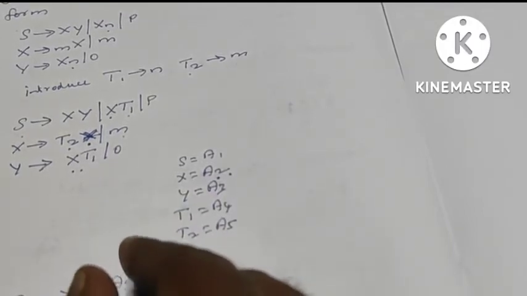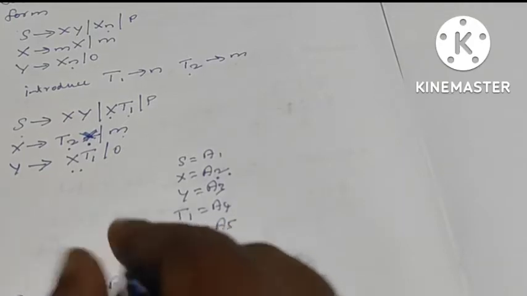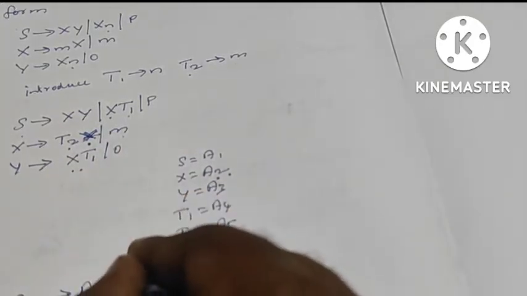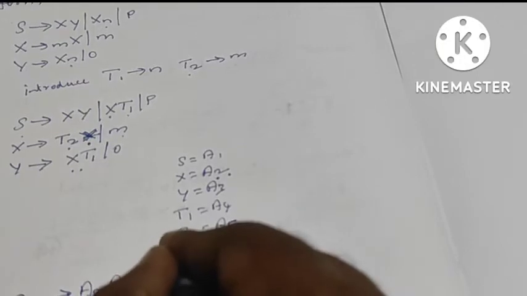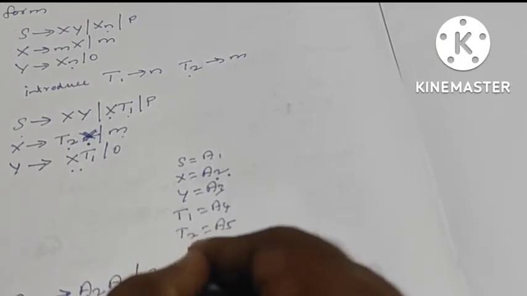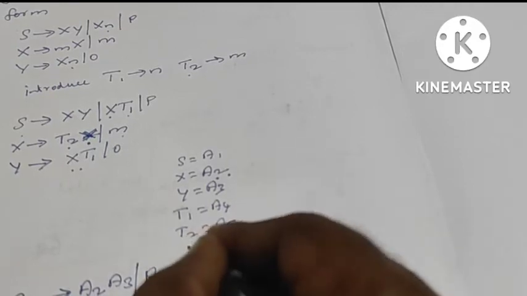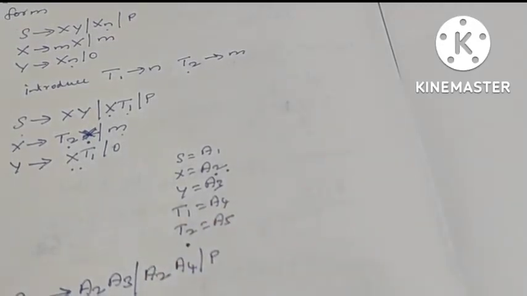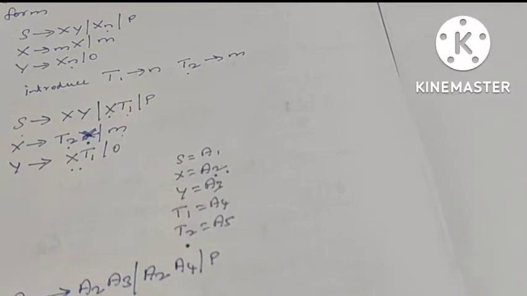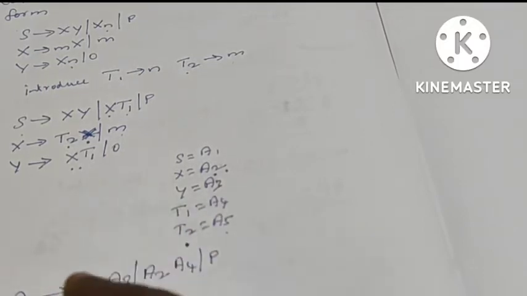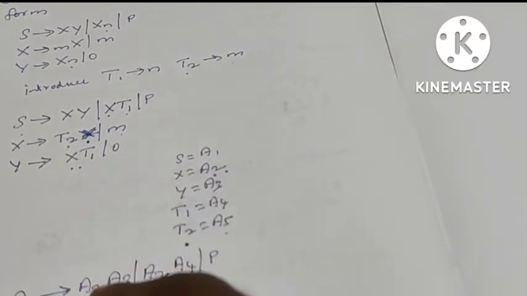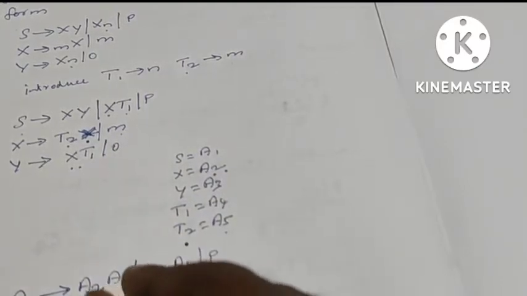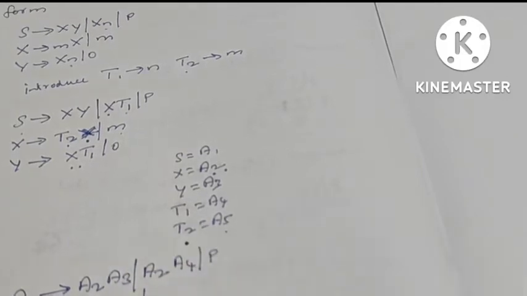Okay, and I will rewrite the productions in order. Now X can be named A2, T1 can be named A4, and P we will leave as it is because P is a terminal here. Now when you come to X here, X has been named A2 tends to, T2 has been named A5, so write it as A5 here, and X has to be named A2 and m.